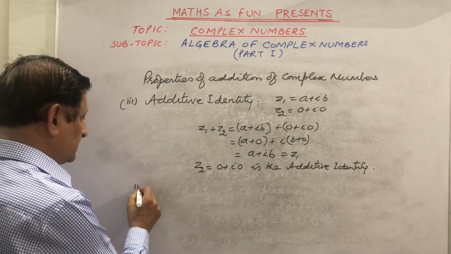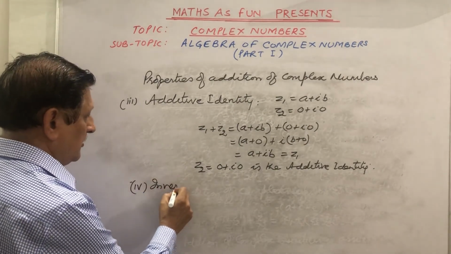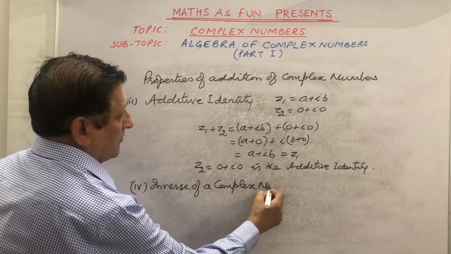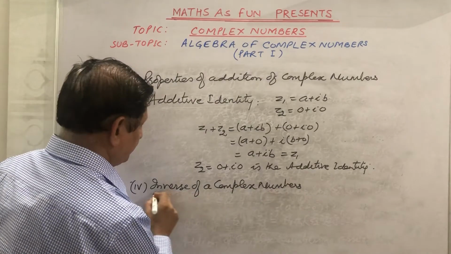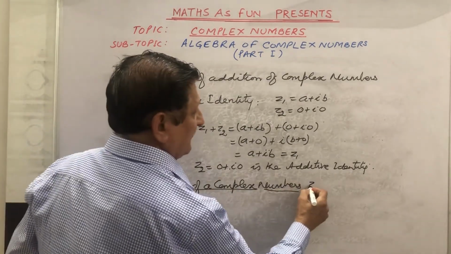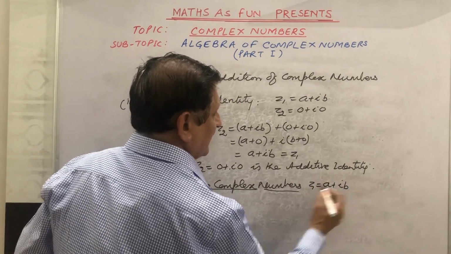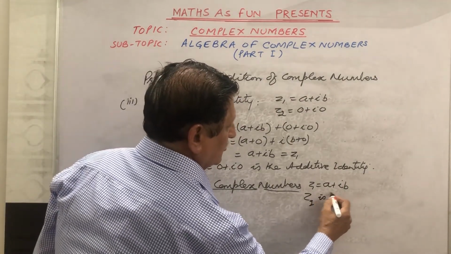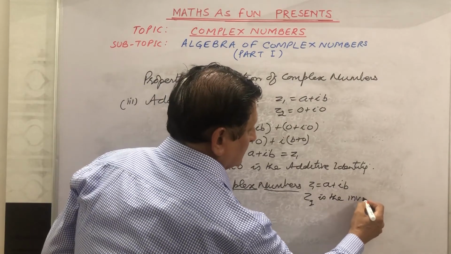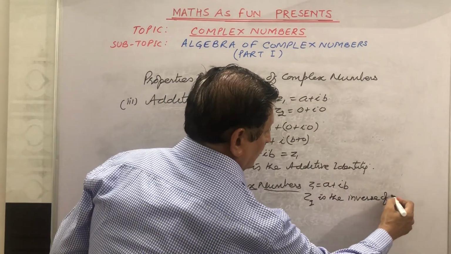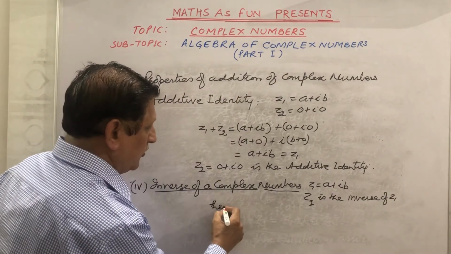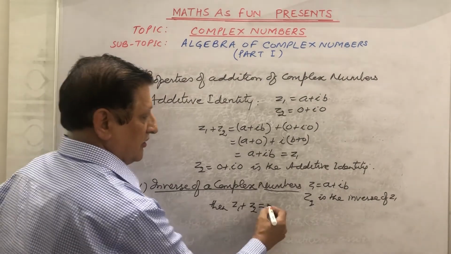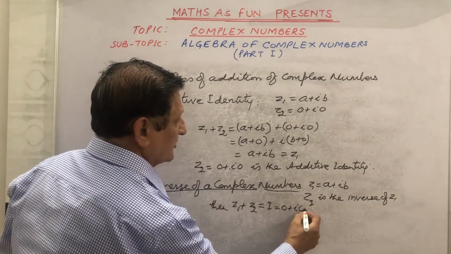Let's see the inverse of a complex number. See, we very well know if Z1 is a complex number a plus iota b, and Z2 is, suppose, its inverse, Z2 is the inverse of Z1, then we know that Z1 plus Z2 should be equal to identity, that is 0 plus iota 0.